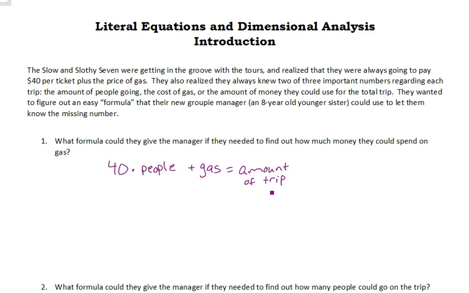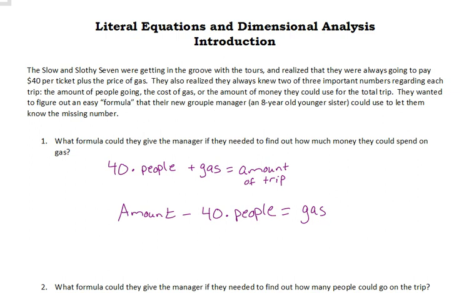That means we're going to take the amount of money that we have on our trip and subtract the $40 times the amount of people going. So what kind of formula could it be? Again, amount of trip, and we're just going to tell her to take that number and subtract the $40 times the people going. That's going to equal how much money we have left over for gas.